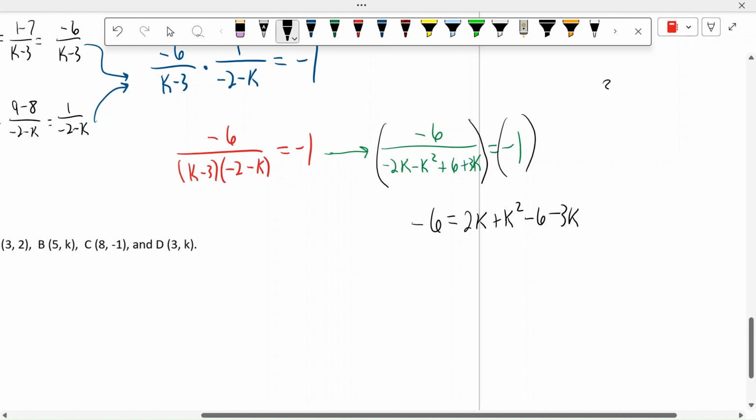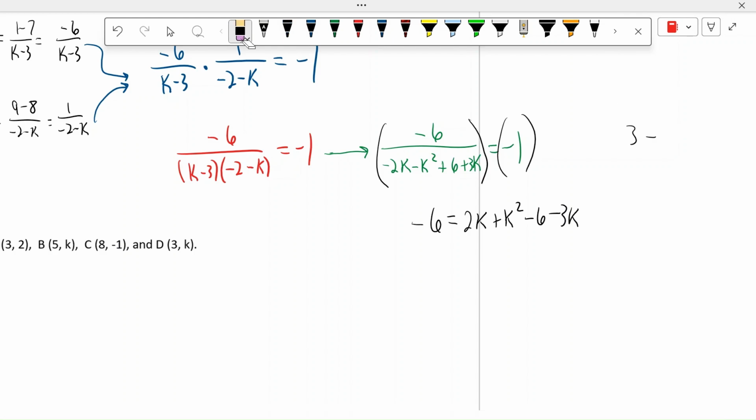Again, if I had something like 3 over x plus 2 equals 1, and I multiplied both sides by x plus 2, that would get rid of this denominator, and then we'd have 3 is equal to 1 times x plus 2, and we'd have an equation we could actually solve. This example is much simpler because it's just linear, whereas this one we do have a quadratic.